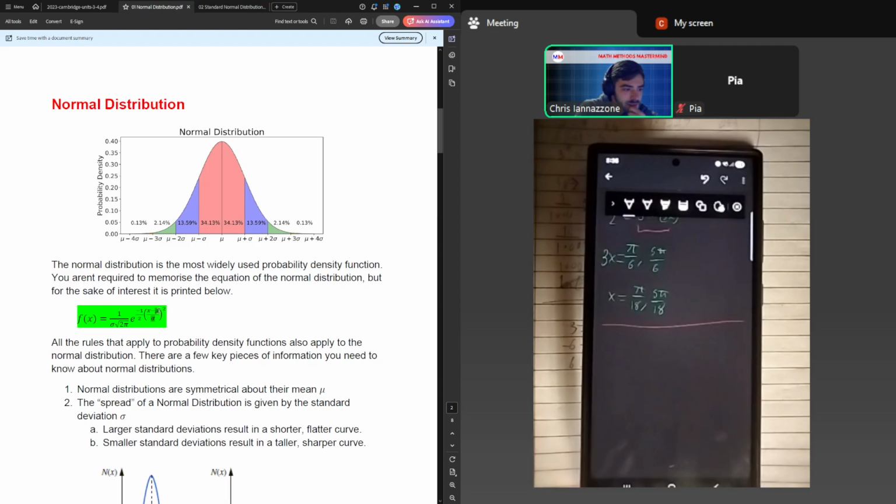If you look at where the mean is located, that's basically a horizontal translation. If you imagine other functions of f of x, whenever you have x minus h or x minus something, that minus something sets your horizontal translation. In the case of the normal distribution, it sets the middle of this bell curve.